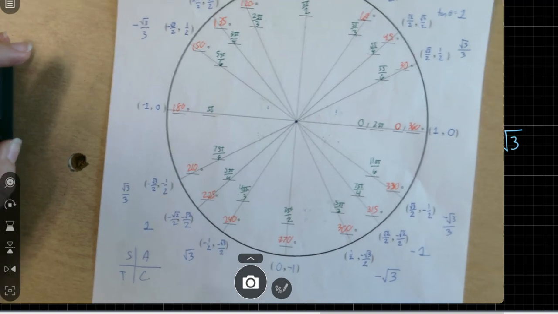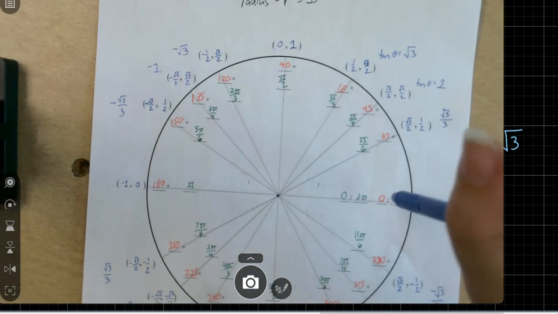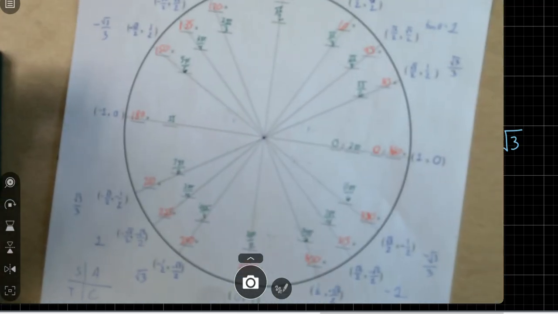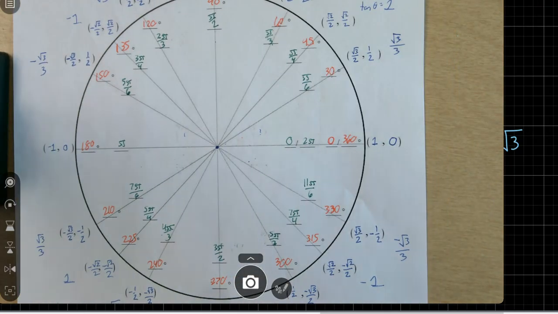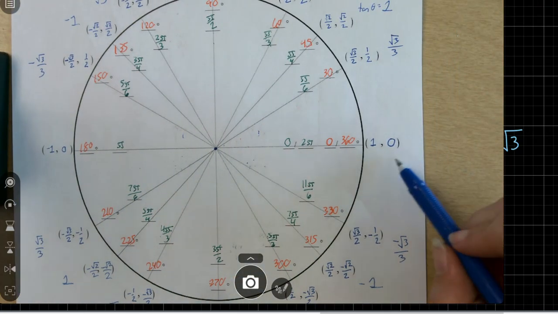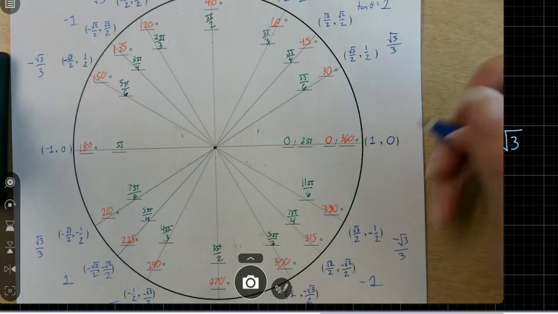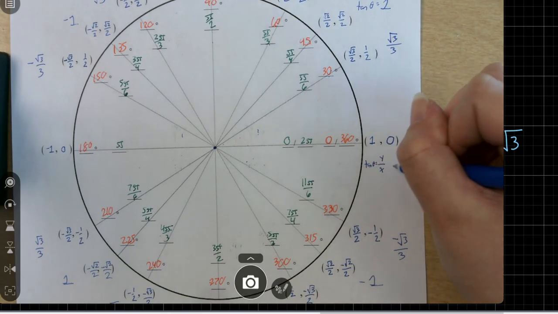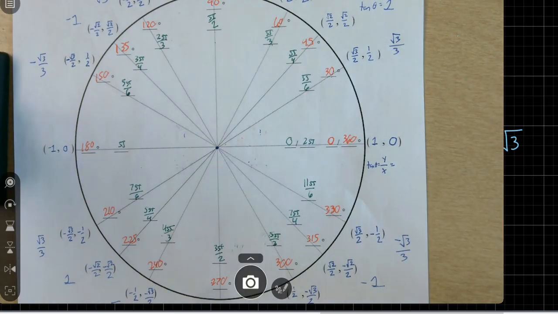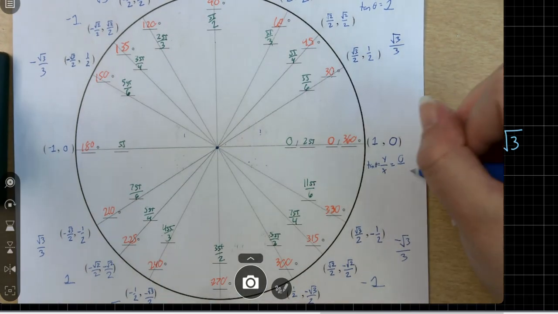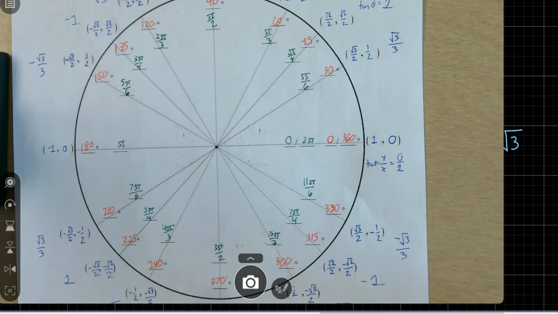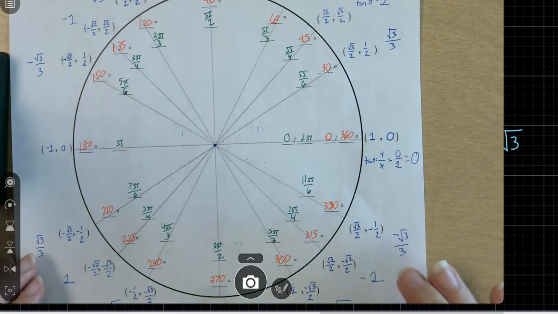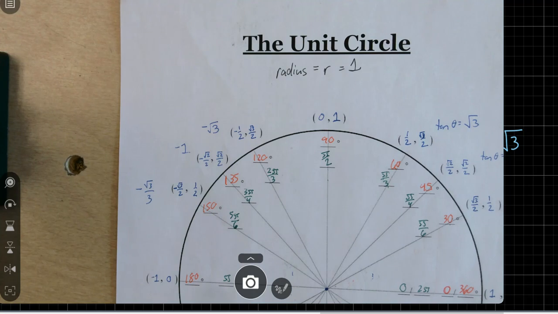We did not do tangent at 0, 90, 180, and 270. Okay, over here, we gotta figure out what tangent is. So I gotta put y over x to get tangent. What is my y value? What is my x value? Okay, what does that equal? 0. So equals 0. Yep. Okay, what about up above?